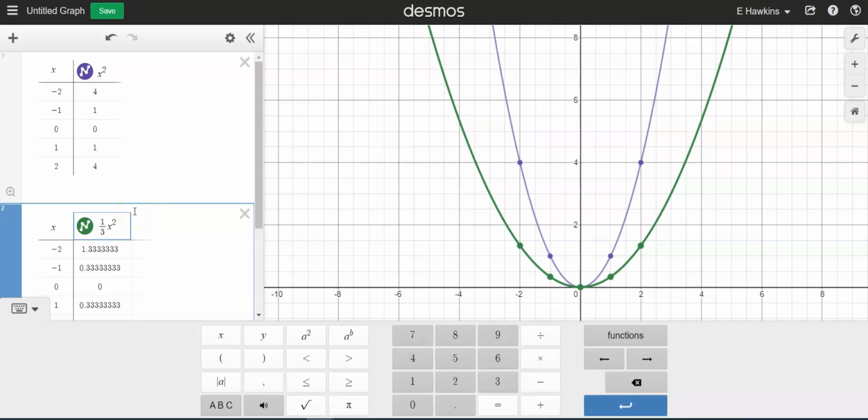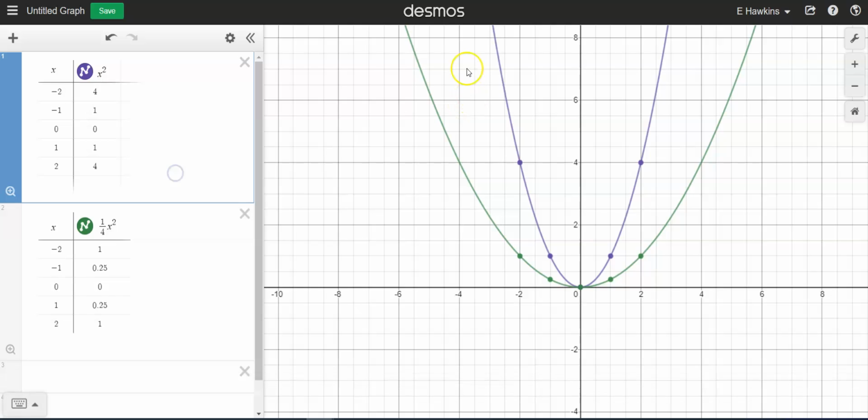I'm going to make a change here. I'll change this to 1/4. Notice it got a lot wider. But again, 4 times a fourth is 1, 1 times a fourth is a quarter, and so forth. So you understand and see how that's changing. Okay?